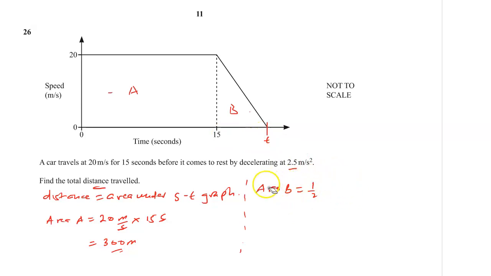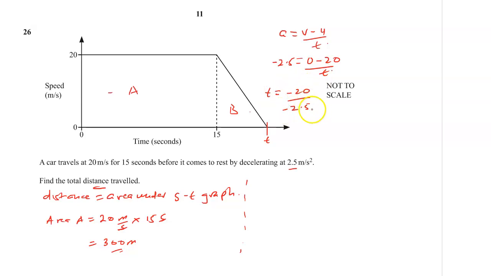Before we get to the area of B, we have to find the time. Acceleration is equal to v minus u upon t. V is 0, and it is decelerating, so we are given acceleration is minus 2.5. Final velocity is 0. Initial velocity was 20. We don't know t. Therefore, t will be equal to minus 20 upon minus 2.5.